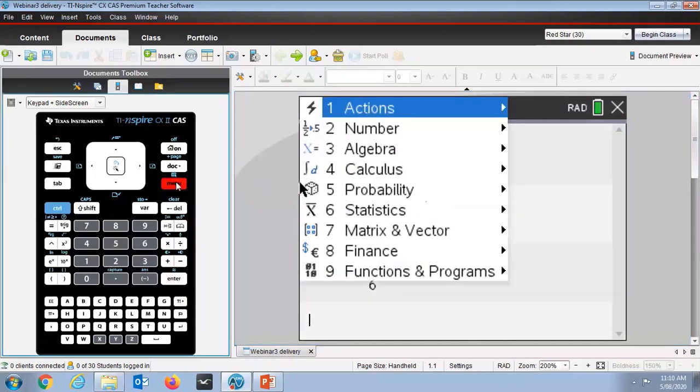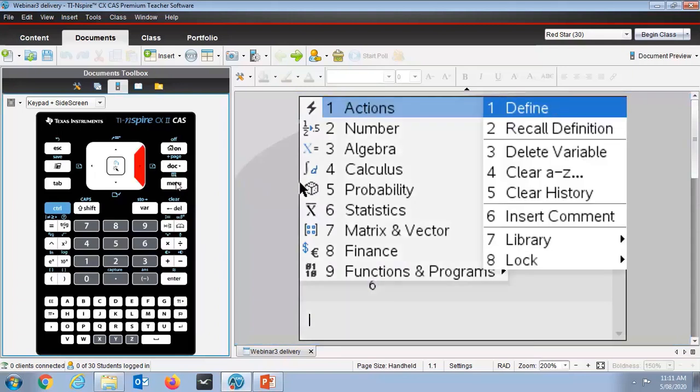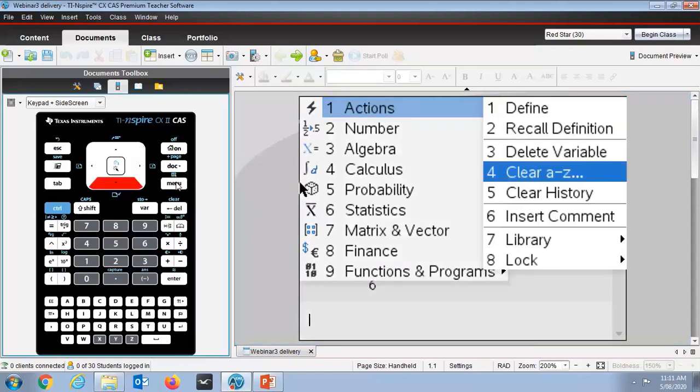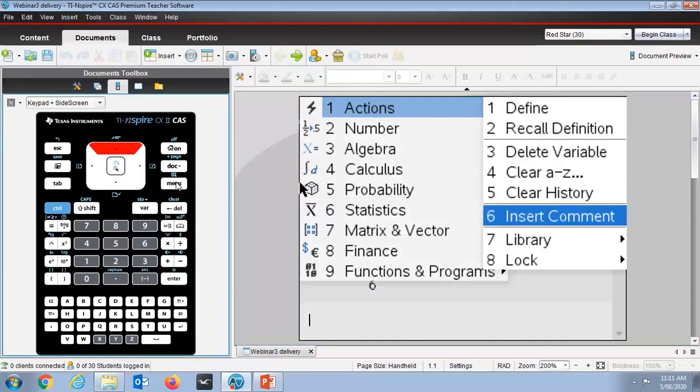going to Actions, and then going down here to Insert a Comment. Now, I don't want to insert any other comments, but that's where I found it. And what it allows you to do is to put in some reminders along the way that can be useful for you if you scroll back up.